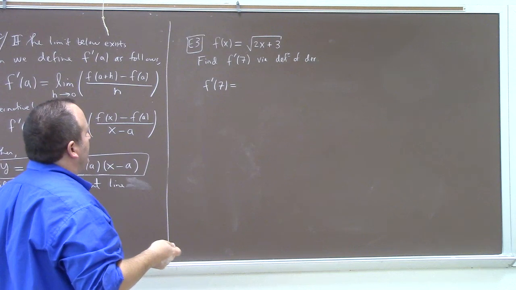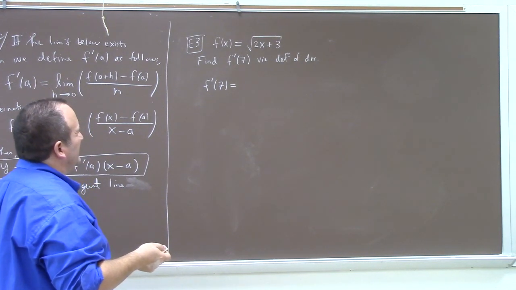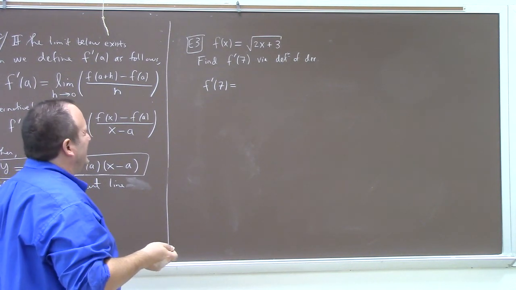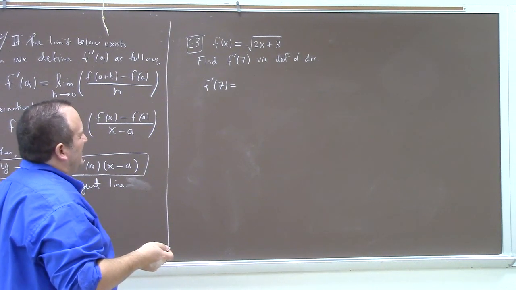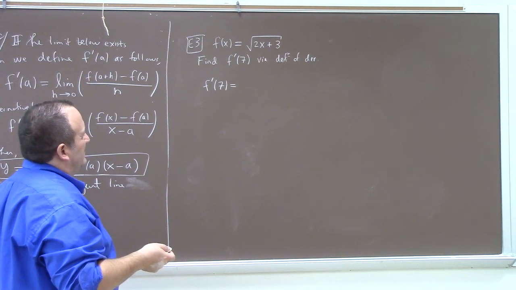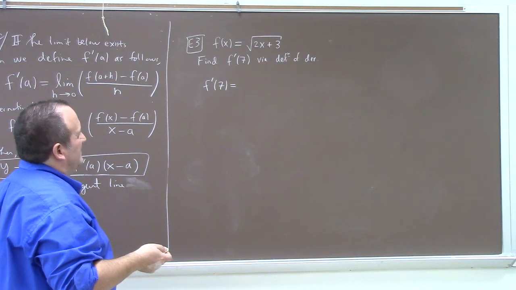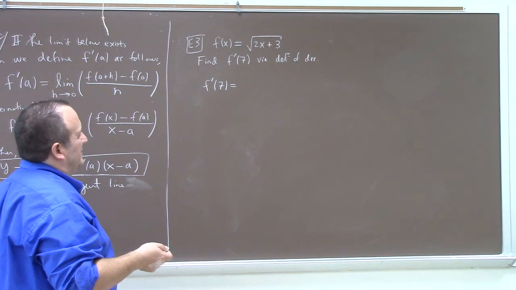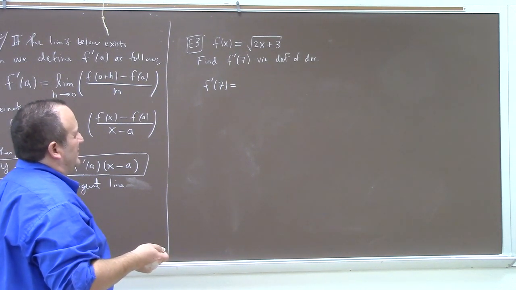Let's see, is that a good choice? 7. 14 plus 3 is 17. I'm trying to think if I can think of a good choice, guys. Give me a second here.